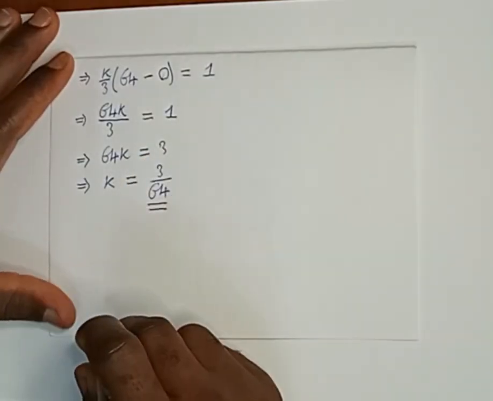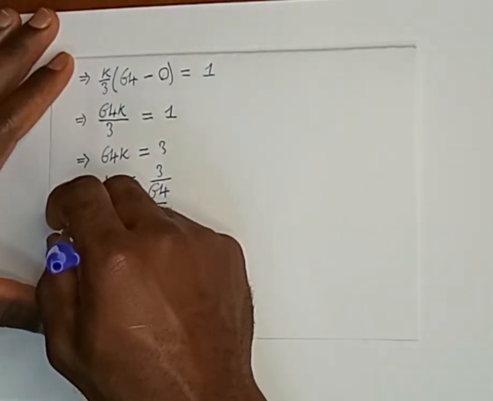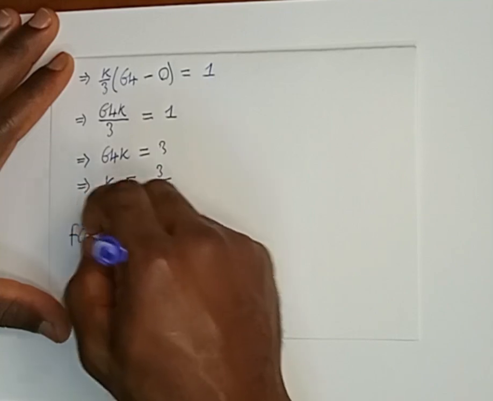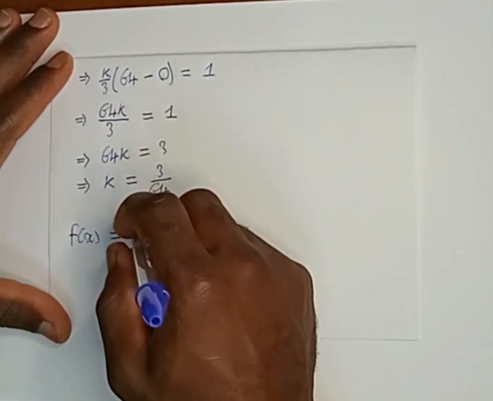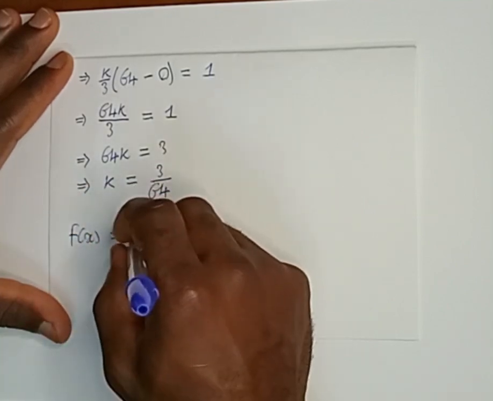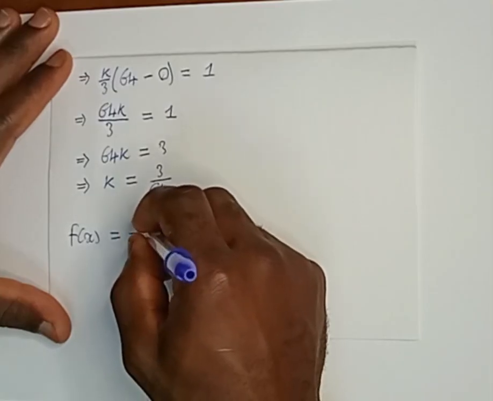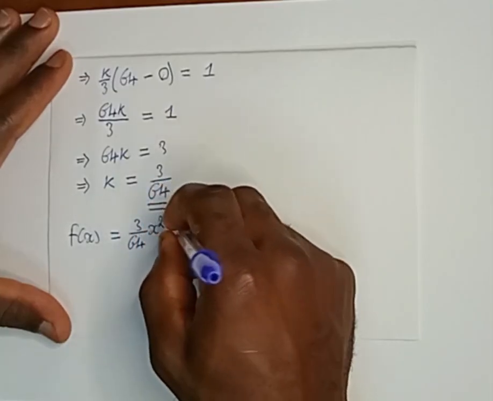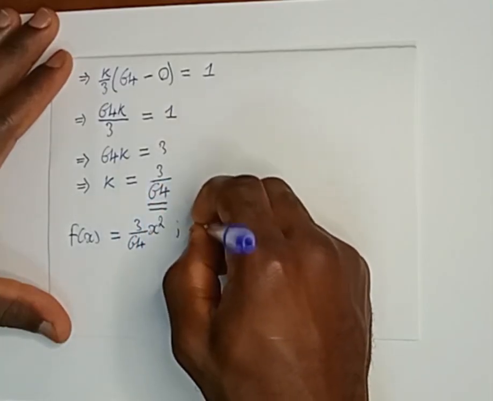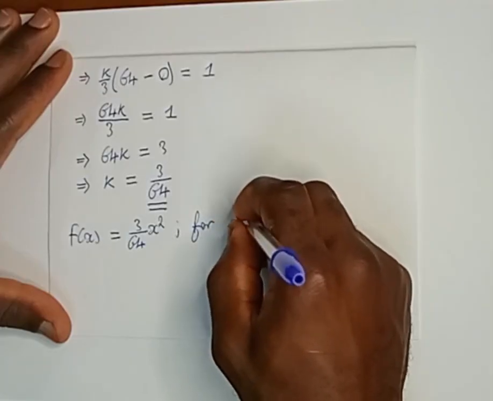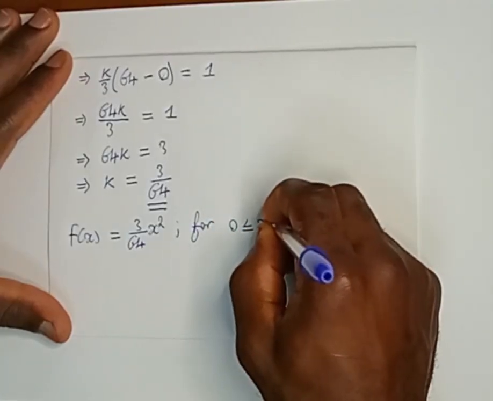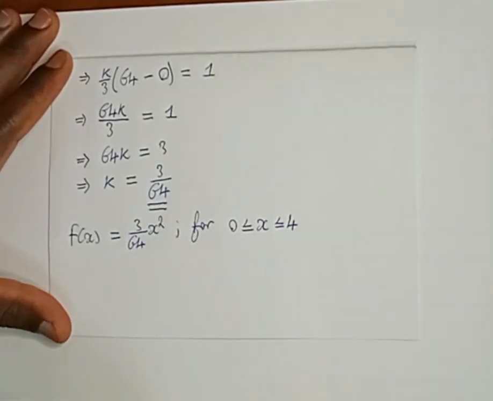Now we can write down our PDF. PDF will simply be f of x equal to, we replace k with 3 on 64, we multiply this by x squared, which is defined for 0 less than or equal to x less than or equal to 4.